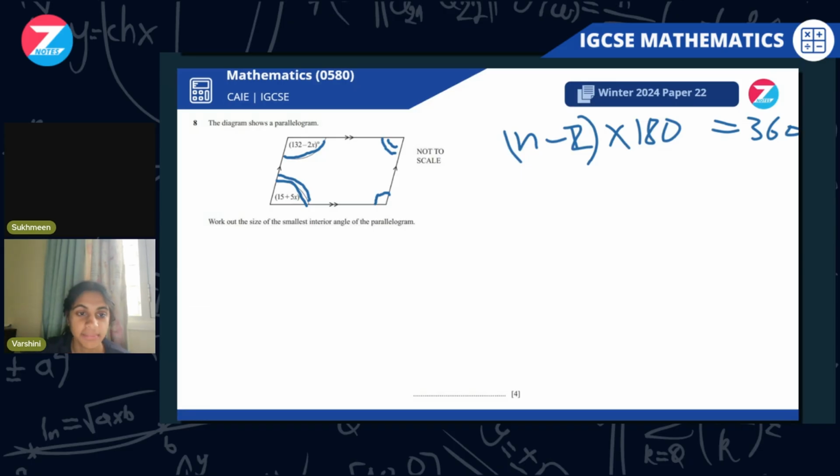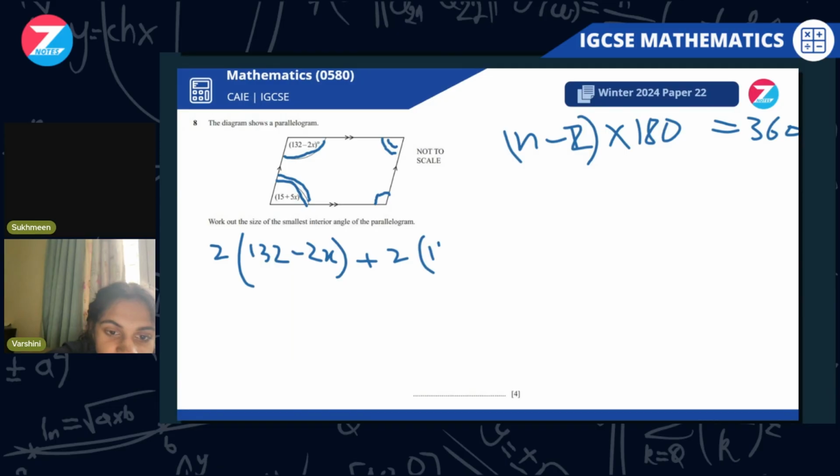Okay, so we know that this angle equals this angle and this angle equals this angle. So we can also say that 2 times (132 minus 2x) plus 2 times (15 plus 5x) is going to equal 360.